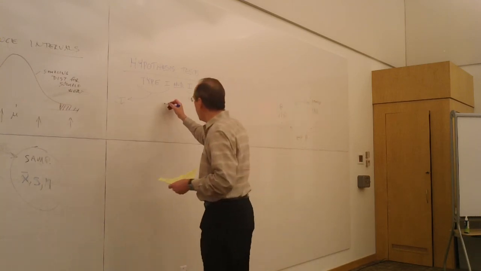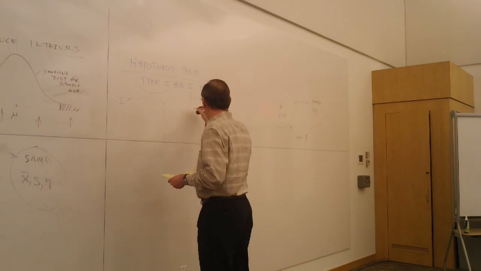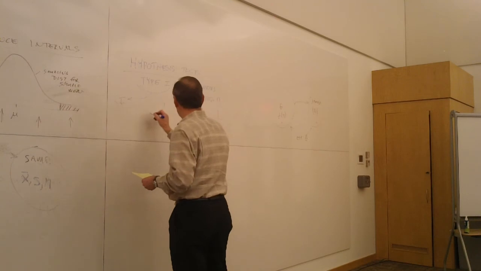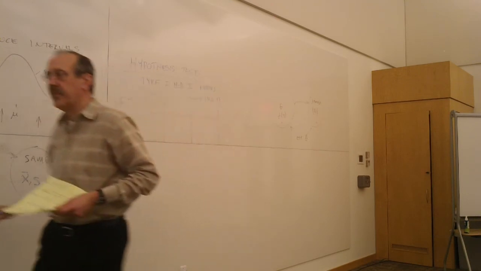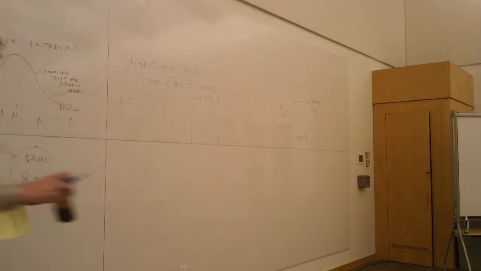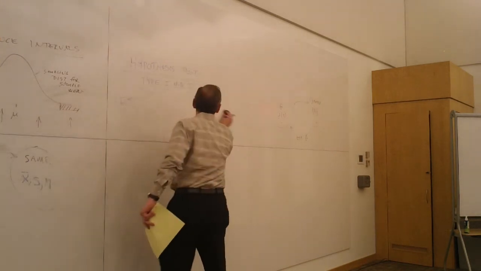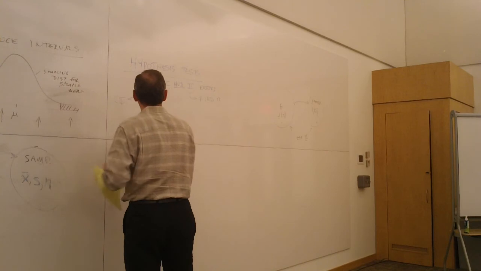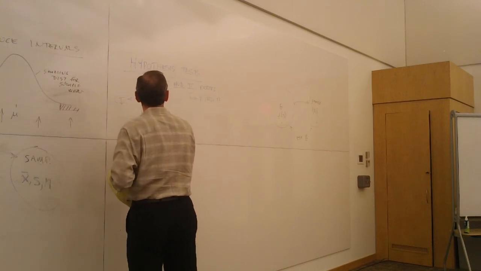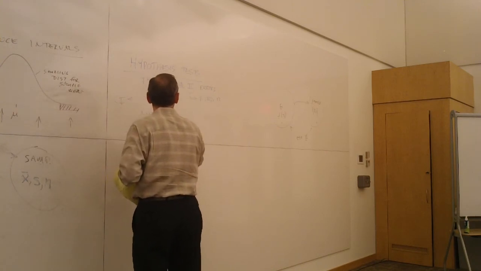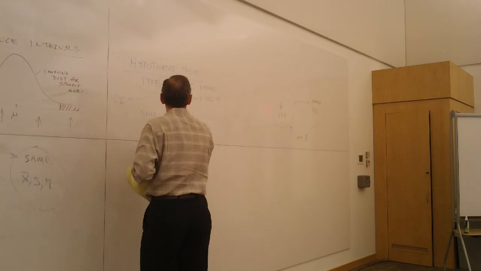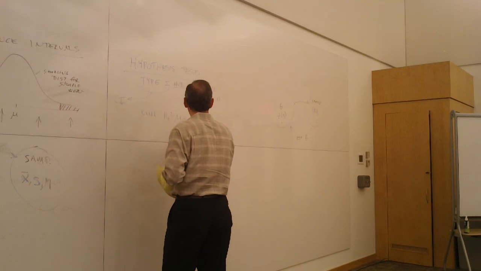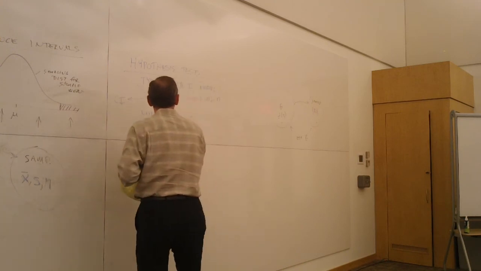So let's draw this little diagram again. Well, no, I have to start with hypotheses before I go there, don't I? Okay. So we make two hypotheses. We start out with a null hypothesis, H0, which says that the mean of our population is equal to some value, mu sub 0.